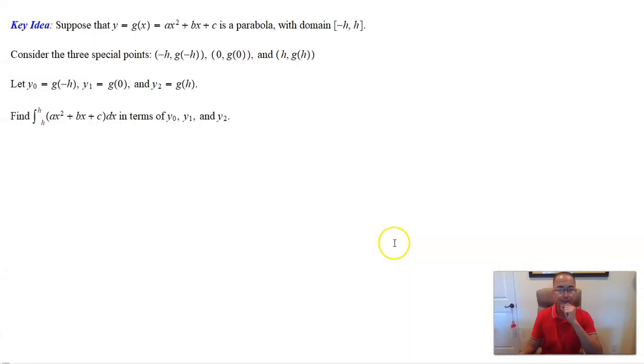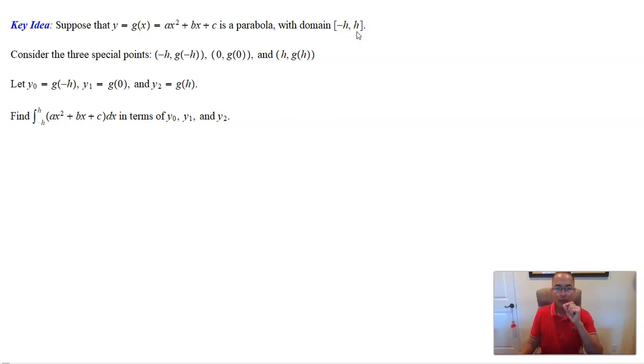Back to work. Okay, so the key idea is to do it for one general parabola over here, but the domain is going to be special. It's symmetric across the origin. So we're going from minus h to plus h.